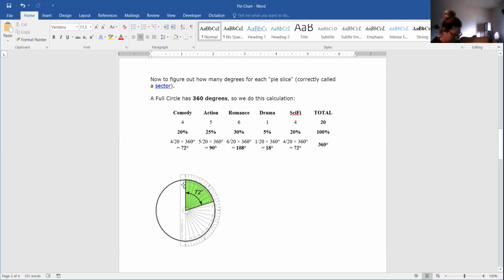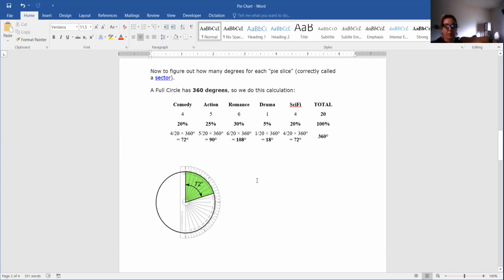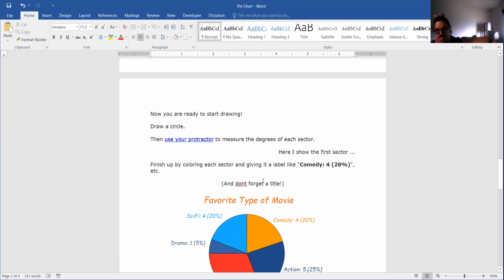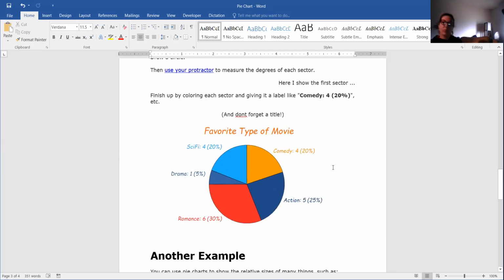So you can measure this using a protractor, or forget that and just use the charting, the graphing functions in Excel or Word, and you structure this to come up with something that they will calculate for you.